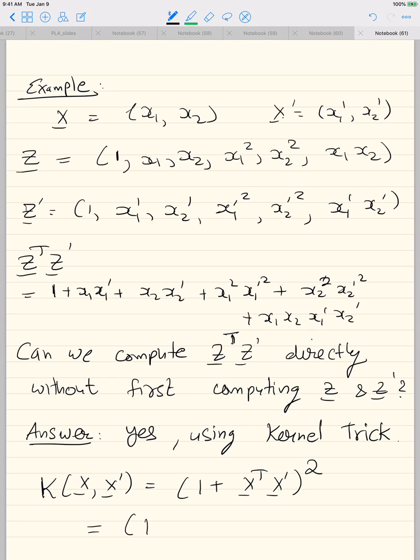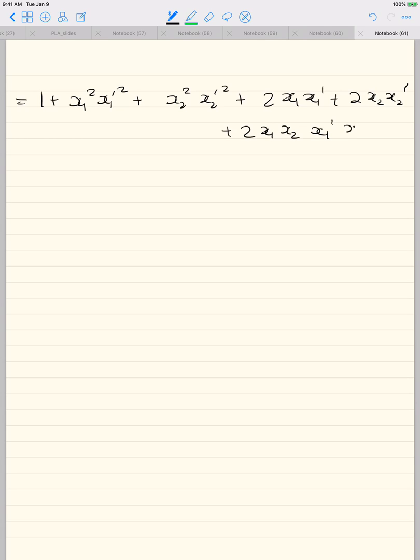This is 1 plus x1 x1 prime plus x2 x2 prime, squared. So if we expand this, we get 1 plus x1 square x1 prime square plus x2 square x2 prime square plus 2 x1 x1 prime plus 2 x2 x2 prime plus 2 x1 x2 x1 prime x2 prime.